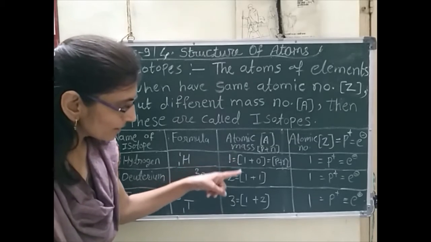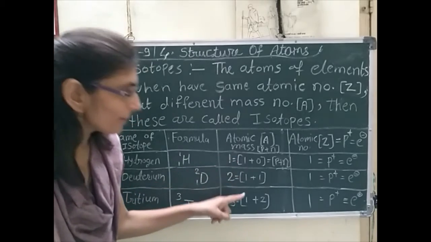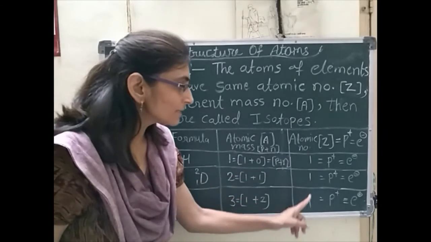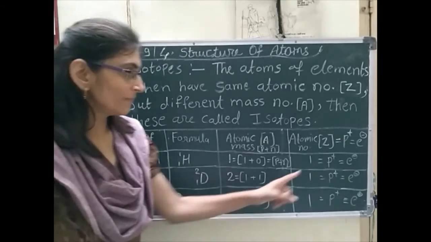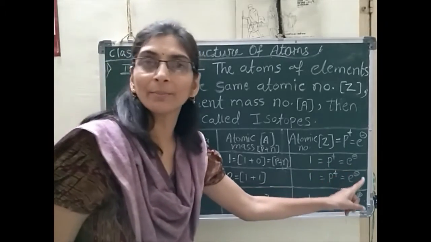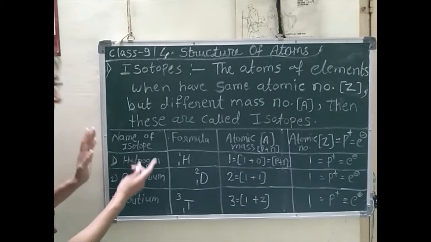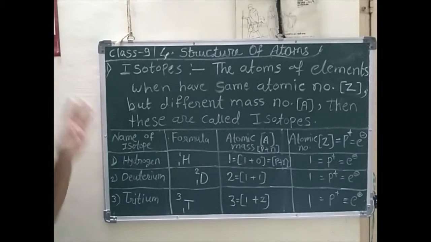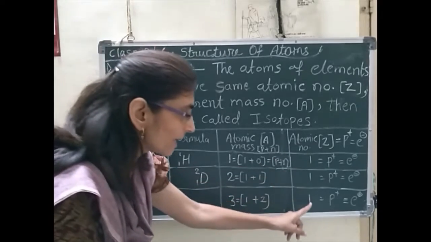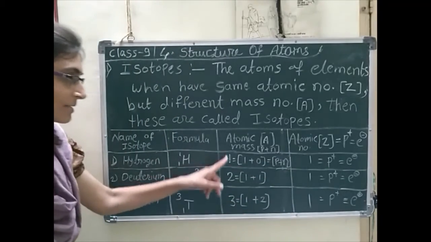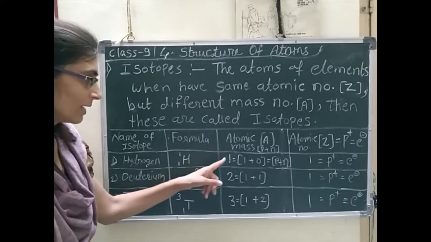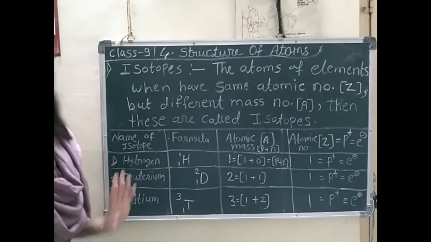Here we can see the number of protons is the same, means atomic number is the same, here 1, that is the number of protons as well as the number of electrons. So here we can say hydrogen is having 2 isotopes, one is deuterium and second is tritium. They have the same atomic number, that is 1, and different mass numbers, that is 1, 2 and 3.